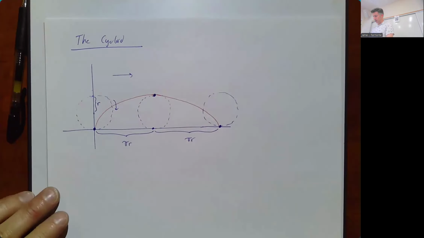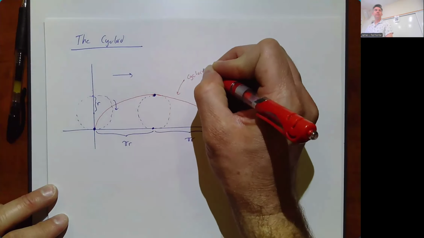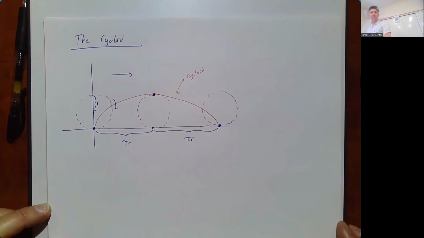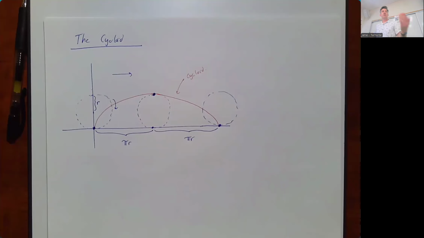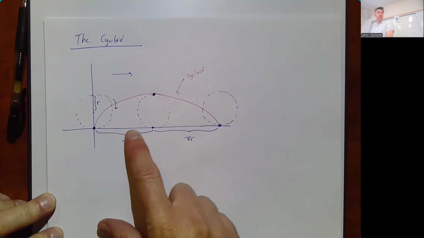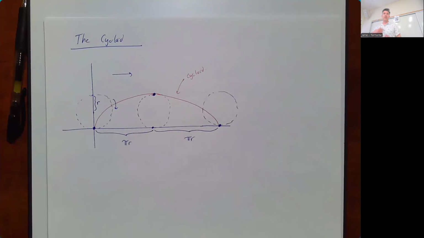So this path here, this red path, is the cycloid. It should look a little more symmetrical than it appears as I've drawn it. But it takes a full 2 pi worth of angle to do 1 full revolution. And in that 360 degrees of revolution, or 2 pi radians, you're exactly going to travel a distance of 2 pi times the radius, because that's how much wheel length there is in 1 full revolution.